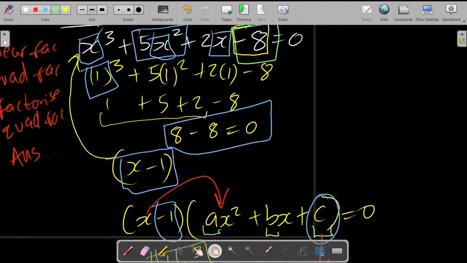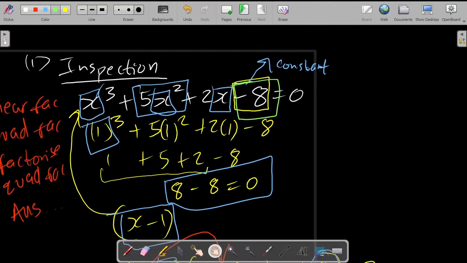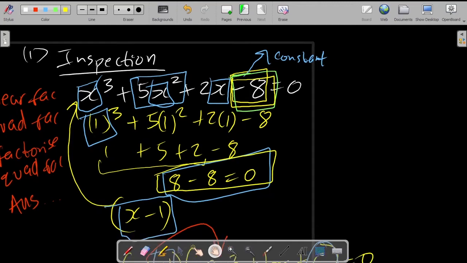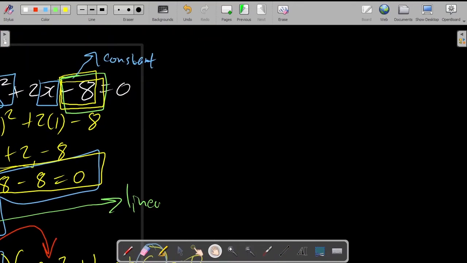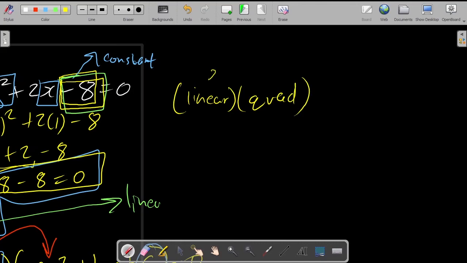So you basically look at your original equation and then take the factors of this that will give you this 0 after substituting. And then that will be one of your factors, or that will be your linear factor over there. Once you have that linear factor, you can then expect a multiplication with a quadratic factor, so that this multiplication would ultimately lead you to that power which you're looking for.